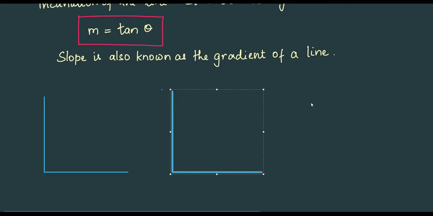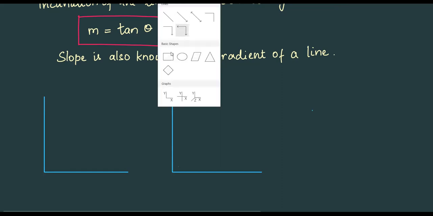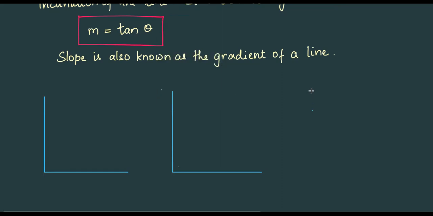Now we'll look at the various slopes of different lines. Let us take first x, y, the same coordinate plane, but 3, 4 different examples I'm taking. So that's why I'm writing this.